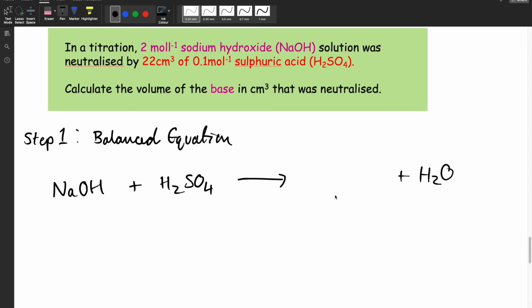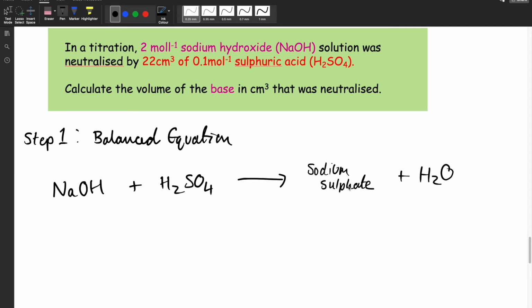And again, we use the exact same method to figure out what that salt was. Okay, we know that sodium hydroxide and sulfuric acid, when they join together, should give us sodium sulfate. That is the salt that they will give us when they combine together. So what we need to do is figure out, well, what would sodium sulfate's formula be?